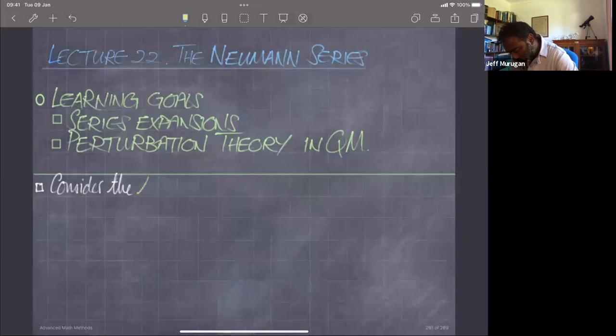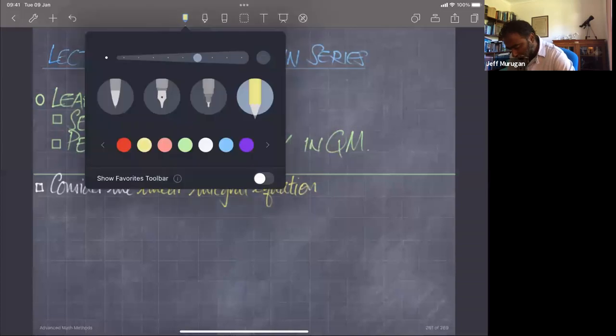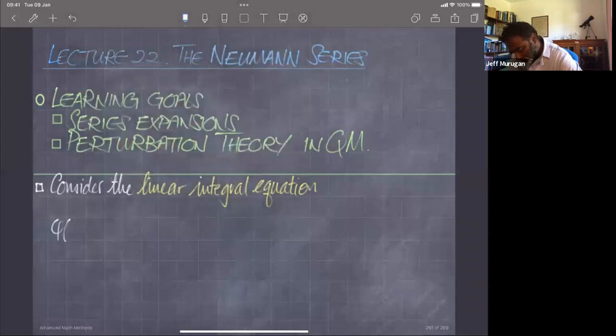I want to consider the linear integral equation given by phi of x equal to some known inhomogeneity f of x plus lambda times the integral from a to b of some kernel K(x, t) phi of t dt.